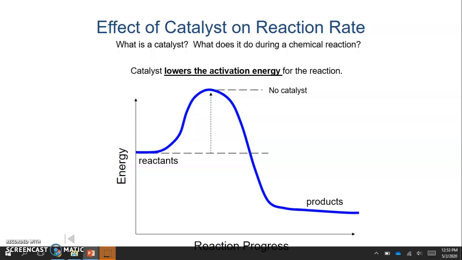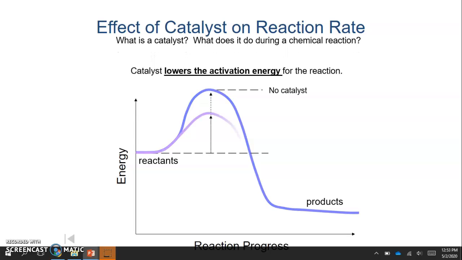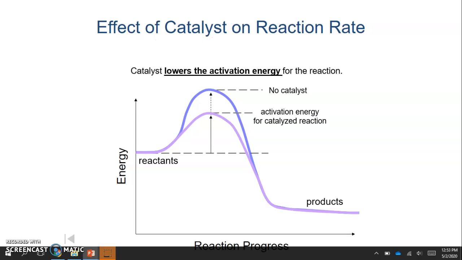And then we add a catalyst that lowers the activation energy. And here's the new curve, right? Basically, instead of having to take this much energy to get our reaction going, it only takes a fraction of the energy. So it takes less time to actually form our products, okay?